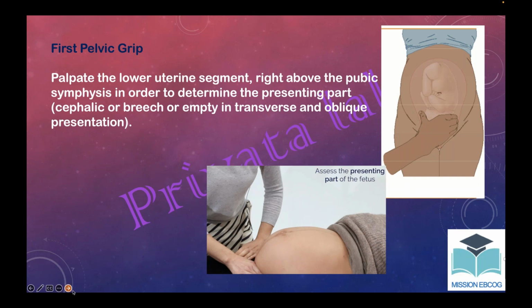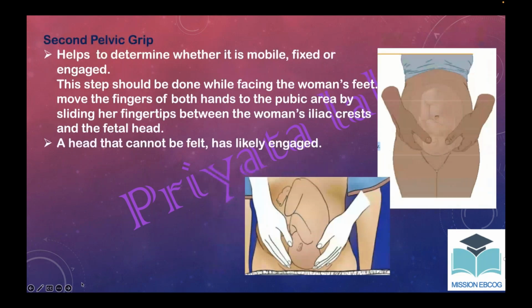Then the second pelvic grip, the only grip where you look towards the feet of the patient, not the face. The fingers of both hands are put above the iliac crest like this.